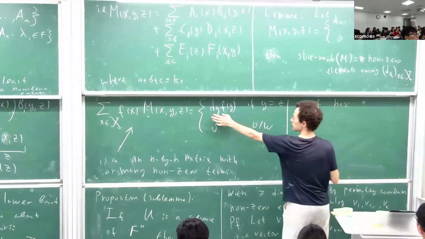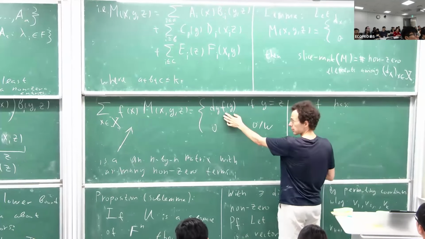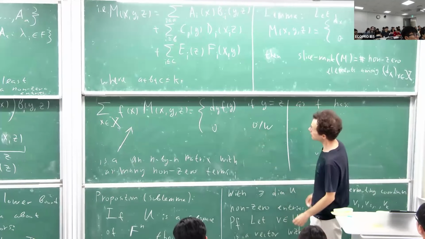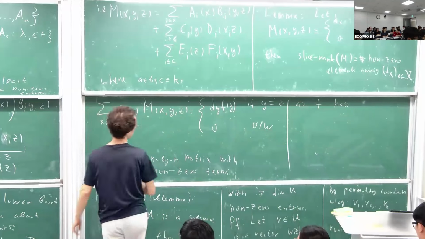Because these are non-zero, multiplying by these doesn't change whether you're 0 or not. And this might be 0 for some x, but this is exactly why we chose our f to have many non-zero terms. This is basically this condition.